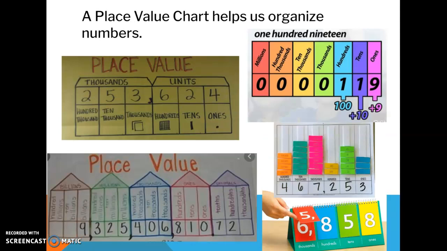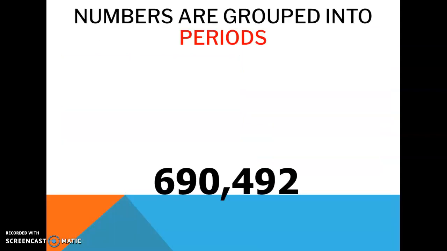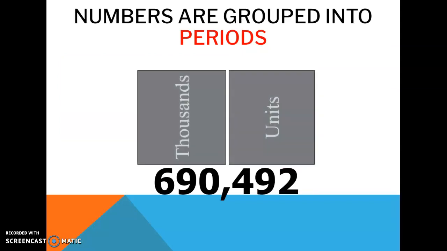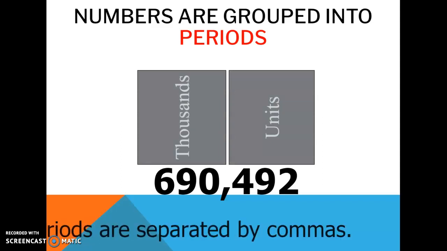A place value chart helps us organize numbers. Here are some examples of place value charts. Notice they don't all look the same, but if you look real close, they have a lot of the same information. Numbers are grouped into periods. The thousands period and the units period are two periods that we can sort numbers.